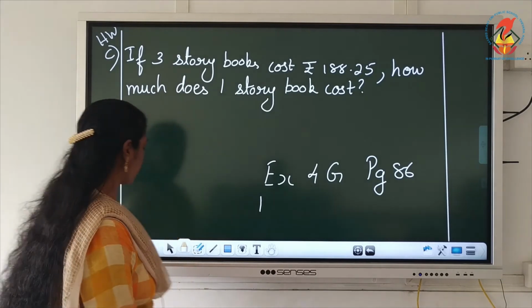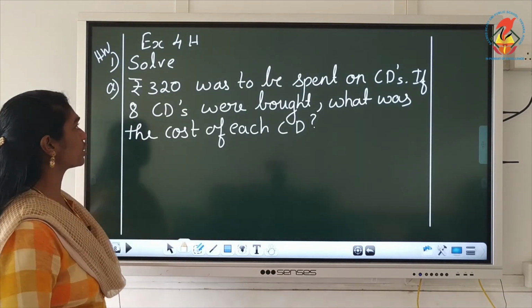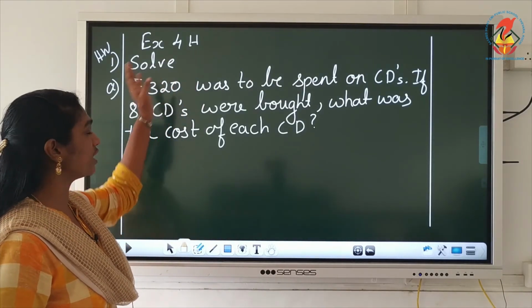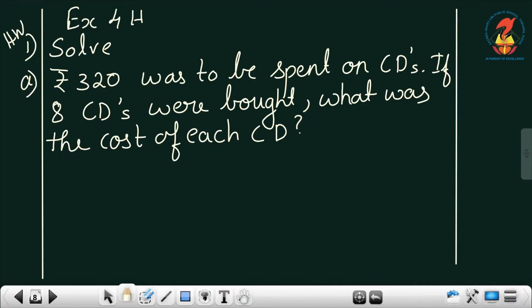Okay. Now, we are moving to another set of word problems, that is exercise 4H. First question, rupees 320 was to be spent on CDs. If 8 CDs were bought, what was the cost of each CD?